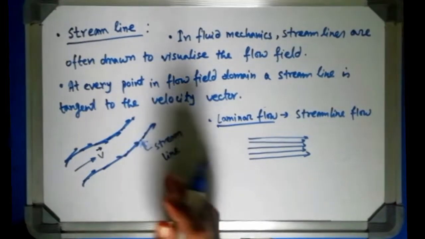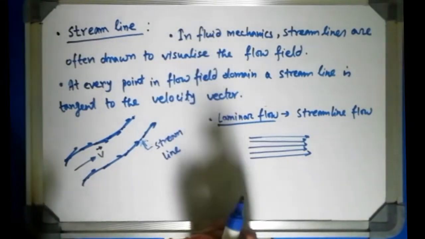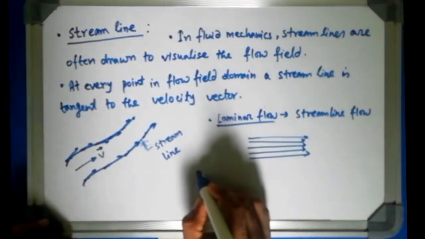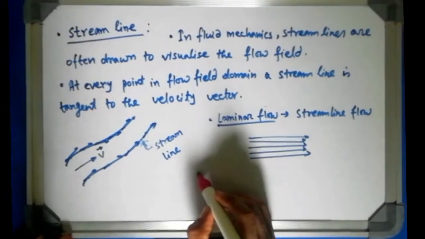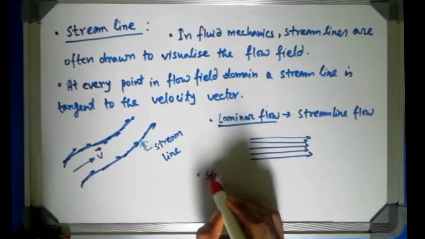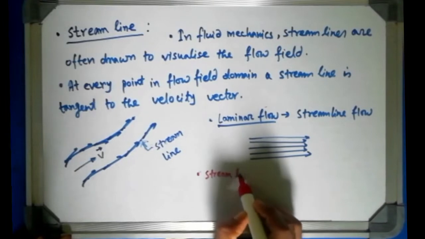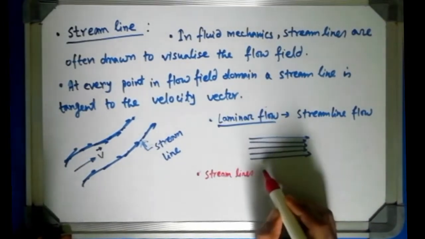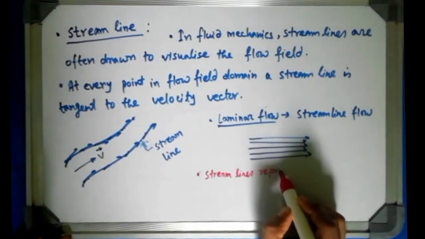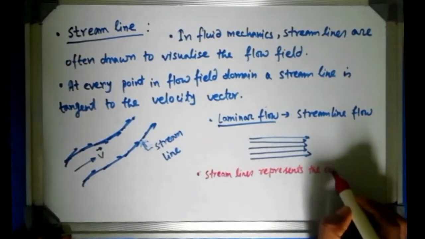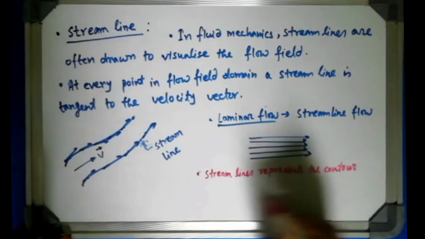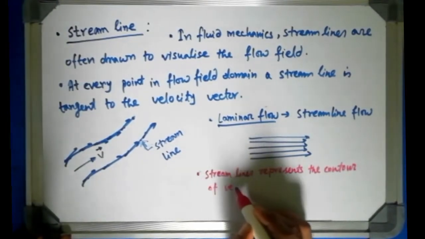Actually, streamlines represent the contour of the velocity field, isn't it? These streamlines, what are they representing? Streamlines represent the contour of the velocity field.